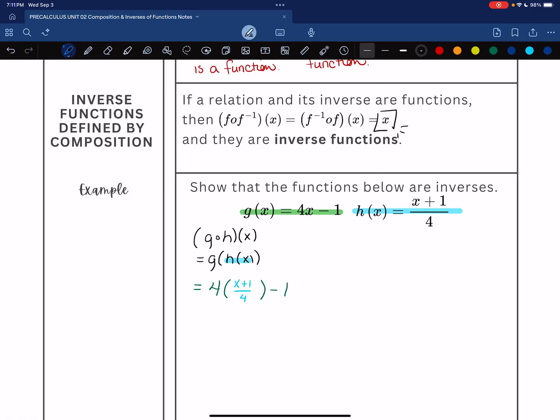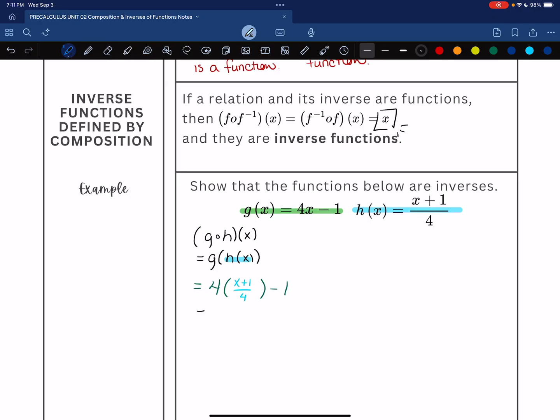Because this group is multiplying by 4 and the x minus 1 is also dividing by 4, it is only now, and because it's both multiplying and dividing, the 4 that's multiplying and dividing simplifies to 1, and we're left with x plus 1, the blue portion in the numerator, and then minus 1, which of course simplifies just to x. So that's looking good.